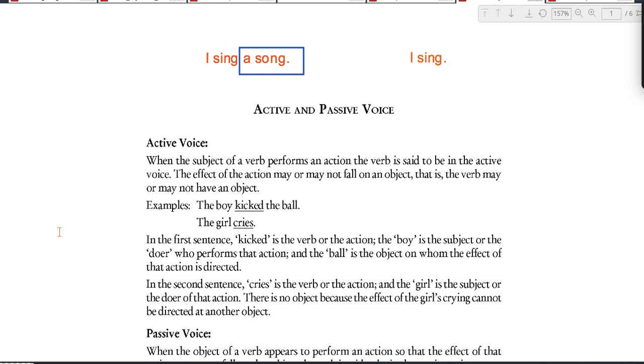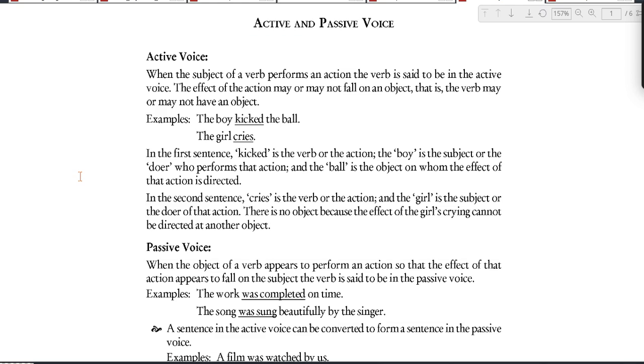Now the effect of the action may or may not fall on an object. The examples given are: the boy kicked the ball, the girl cries. Here kicked is used as an action, and cries is used as an action.